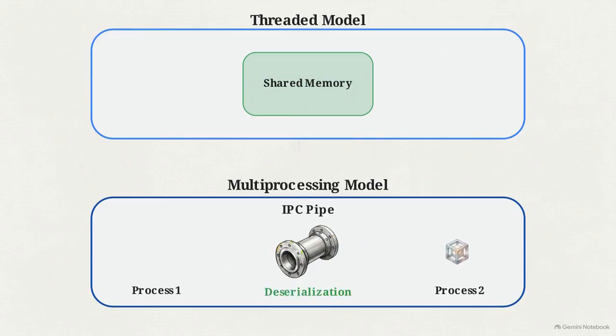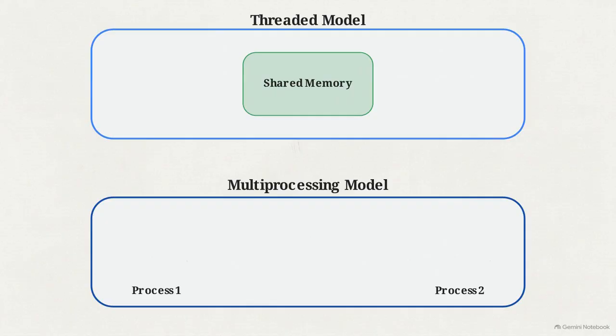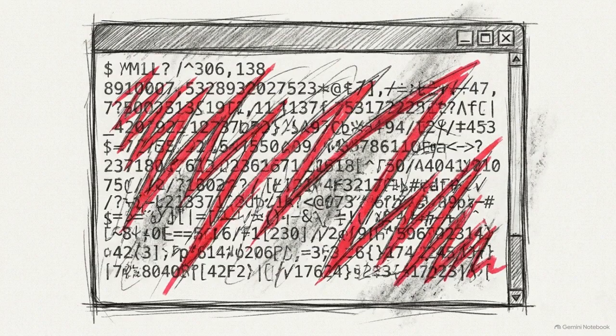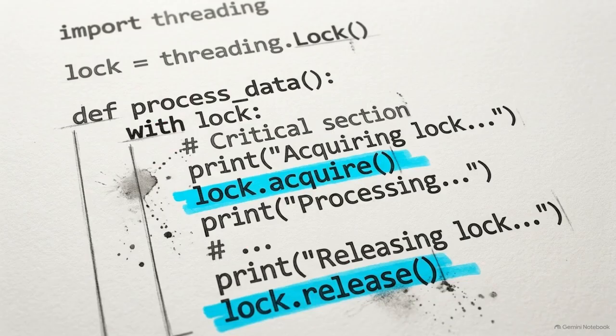Every time data passes through this IPC bottleneck, you incur severe latency and CPU overhead. If your specific workload strictly requires shared memory across processes, you have to utilize specialized objects provided by the library, like Value or Array. But relying on these shared memory objects reintroduces the exact risk of race conditions you see in multithreading, requiring complex and deliberate locking mechanisms to prevent data corruption.